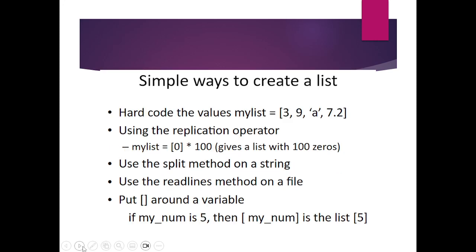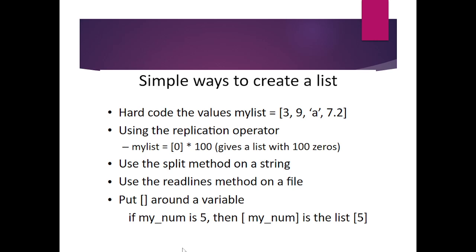Simple ways to create a list. We can hard code the values in my list. Using the replication operator, we can get a list with 100 zeros. You can also use the split method on a string to split it, or use the readlines method on a file that we are accessing.